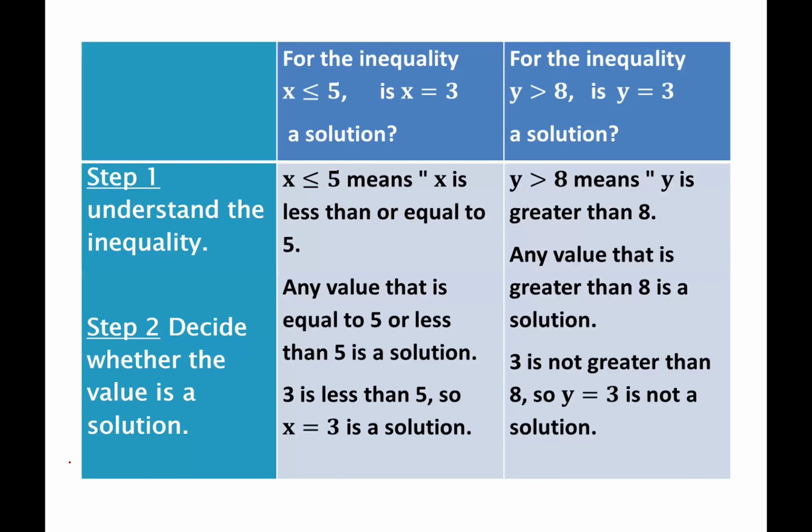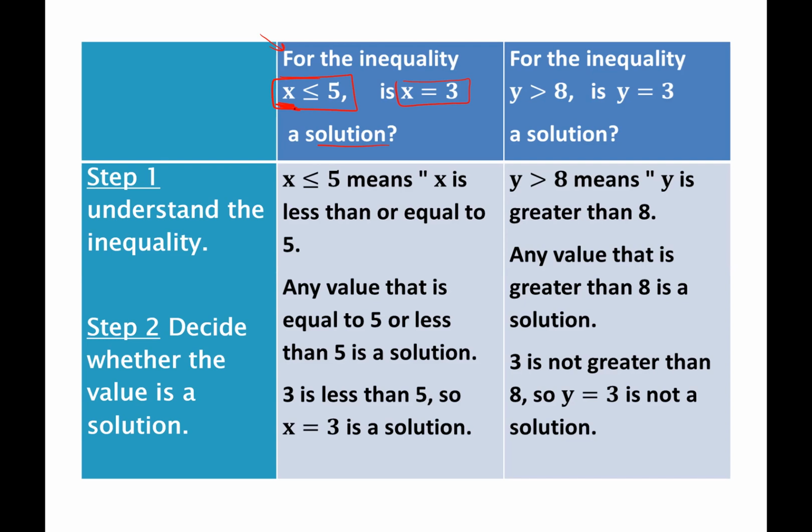Okay, now, if I have this example, for the inequality x is less than or equal to 5, is x equals 3 a solution? The first thing I need to do is understand what this inequality means. It means that the variable x can be any number which is less than 5, or equal to 5.